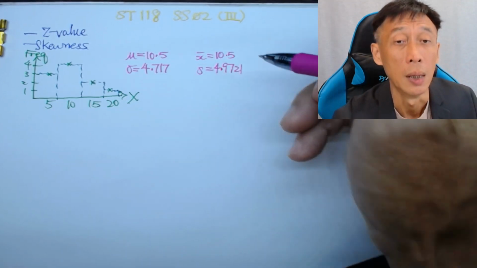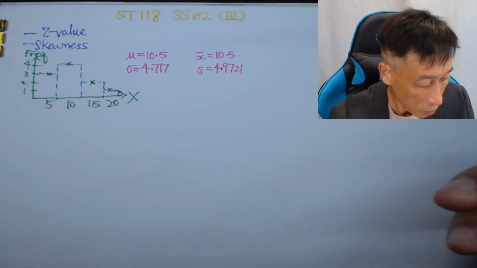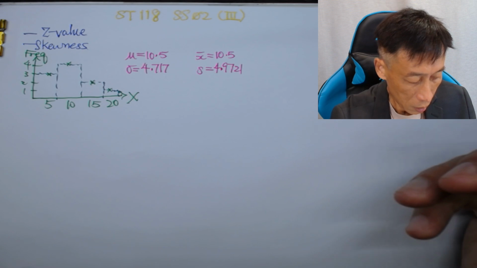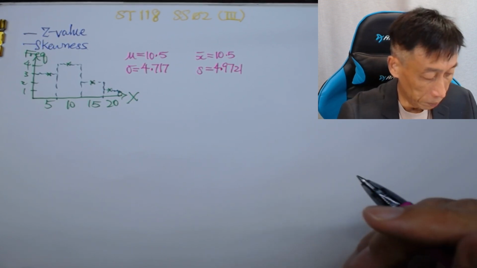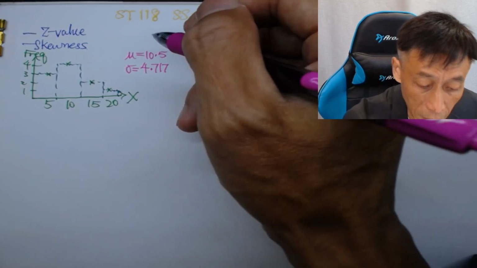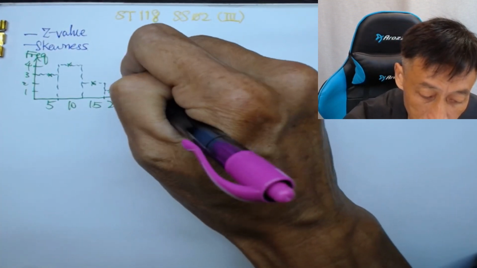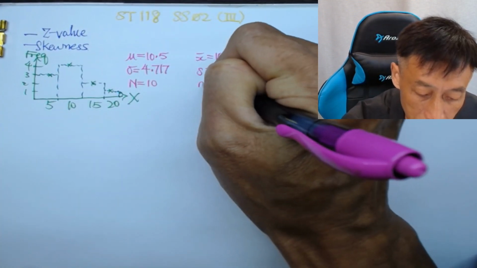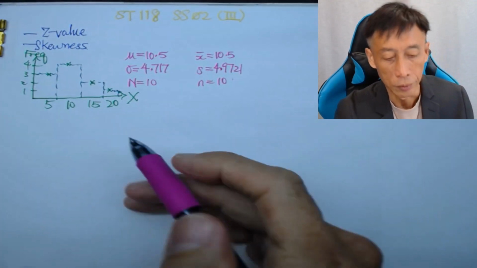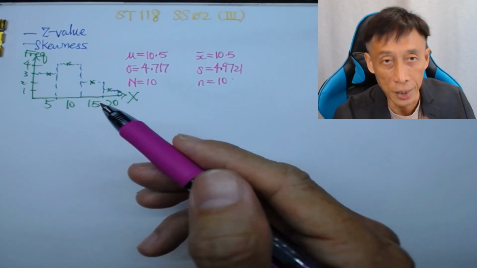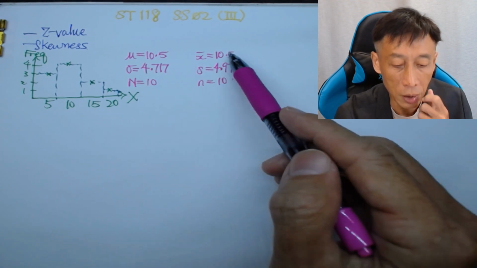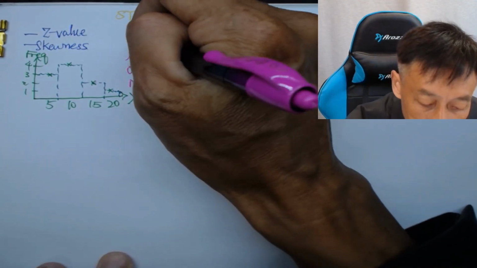This was done step by step in our previous video. Sample size altogether n here is taken as 10, and n here is taken as 10, for the same set of data, if we treat it as population, or if we treat it as sample.